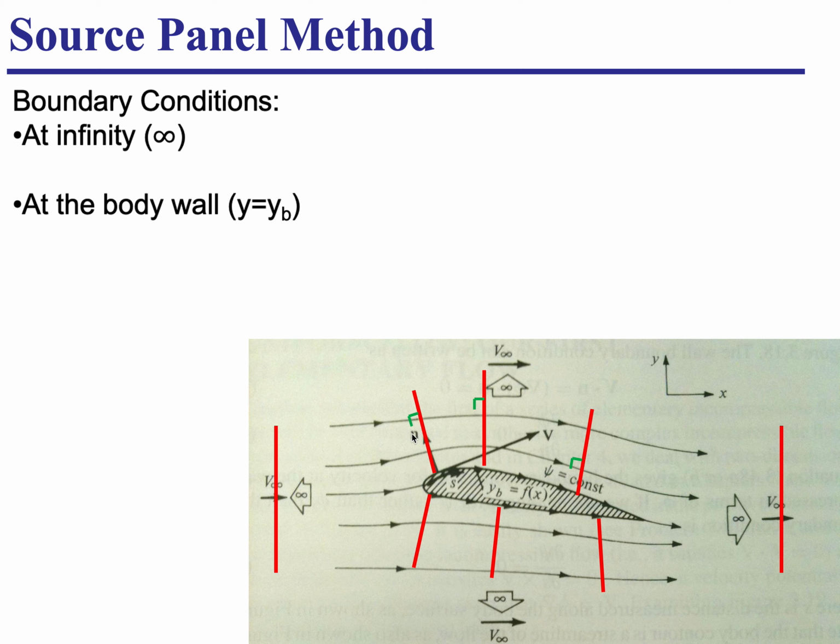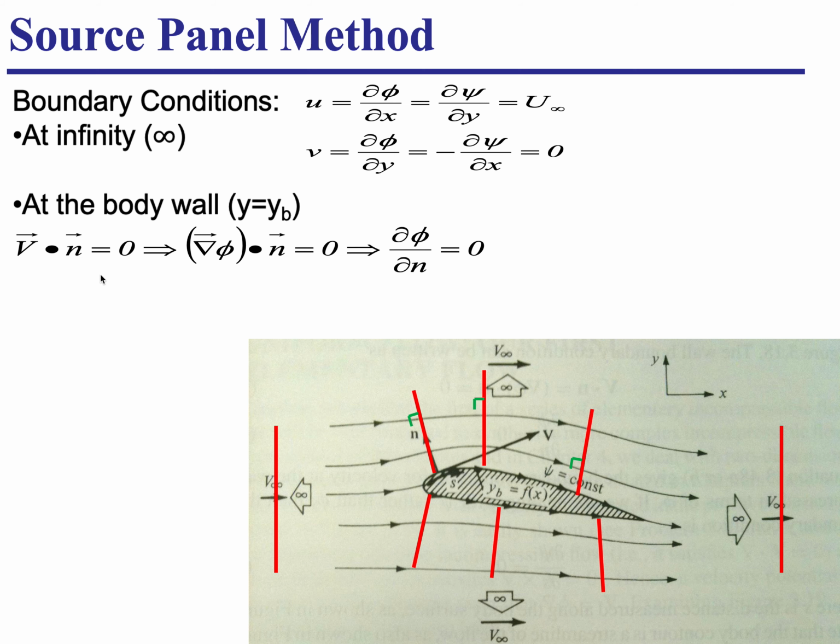That's one of the boundary conditions that we set, which means that the only velocity on the surface of the airfoil can only be tangential. It can be 0, but it cannot be normal.